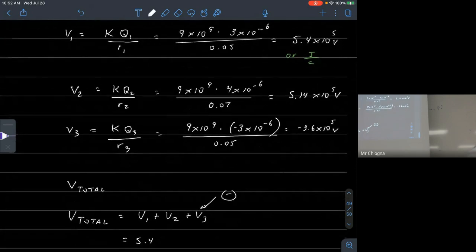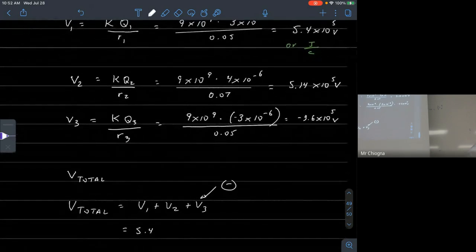They're all 10 to the 5, so I'll add that exponent in later. 5.4 plus 5.14, that's about 10.5, minus 3.6, it's about 7. Works out to be 6.9. Now we can re-add the exponent, 10 to the 5 volts, or joules per coulomb.